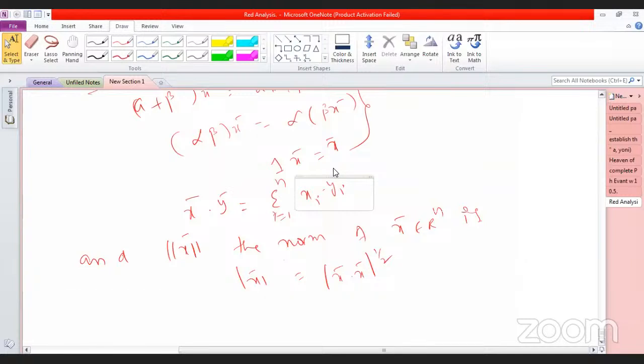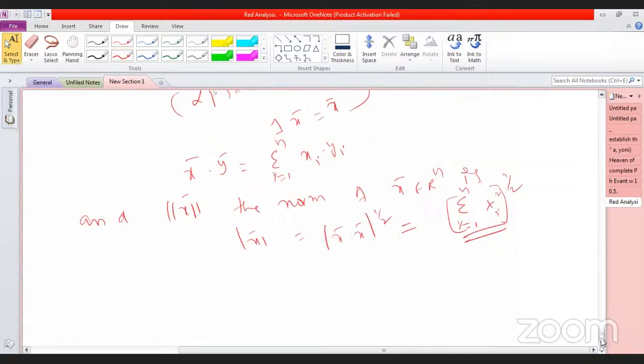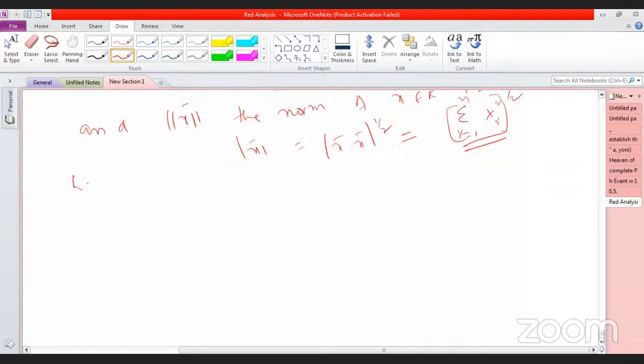The modulus of x bar is x bar dot x bar whole power 1 by 2, that is, the summation of i equal to 1 to n of xi square whole power 1 by 2. That is the formula we want to write, so that's why we are writing x bar dot x bar whole power 1 by 2. Any doubts, immediately ask me, I'll clarify. Don't keep them in your mind.